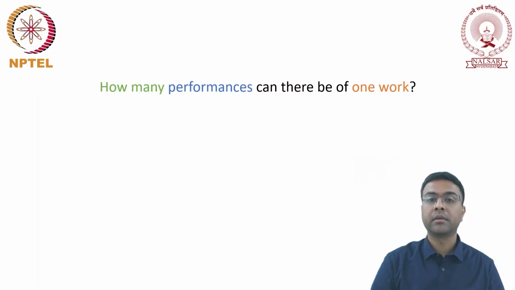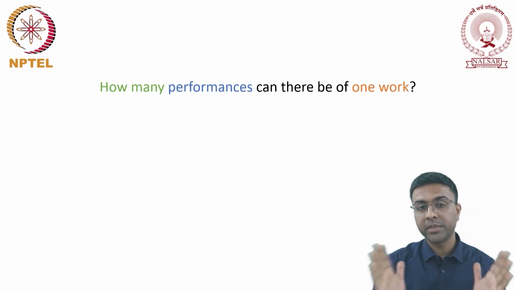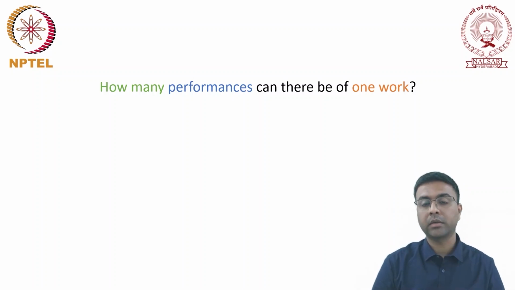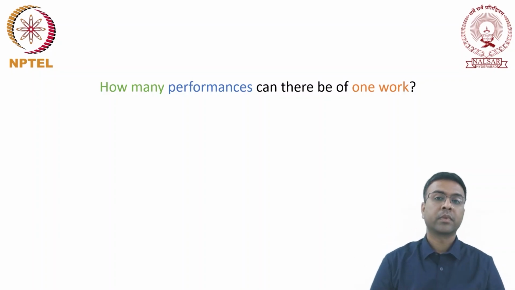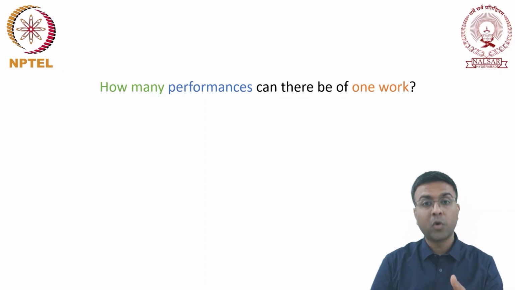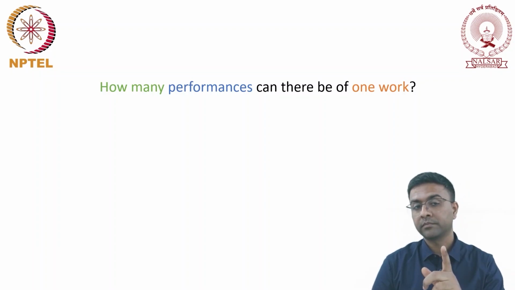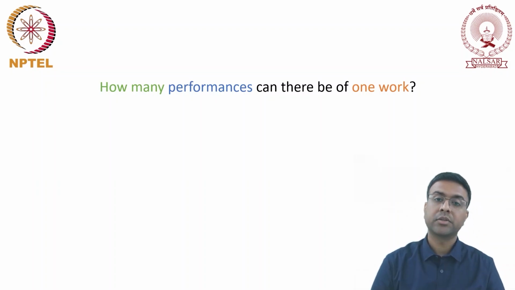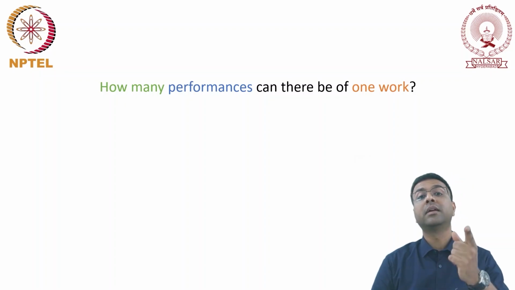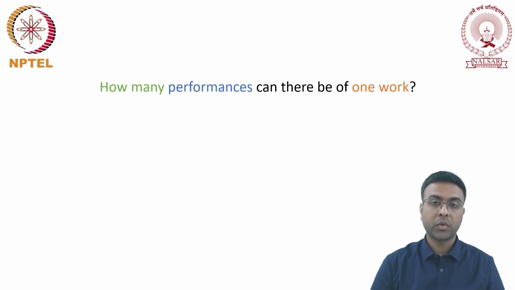Let me repeat. If there are 100 performances of a single work, which is a musical work, then each of these 100 performers can exercise performer rights over their individual performance, though the work is the same. And these rights which the performer will exercise over his performance is what we are referring to as performer rights.